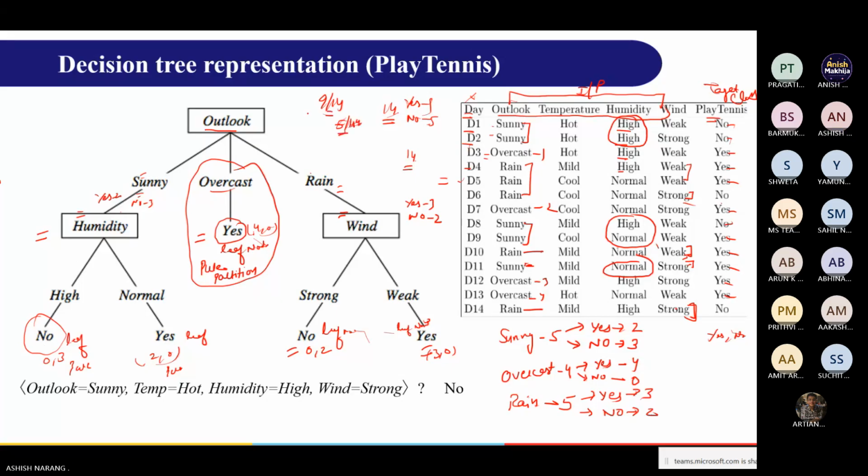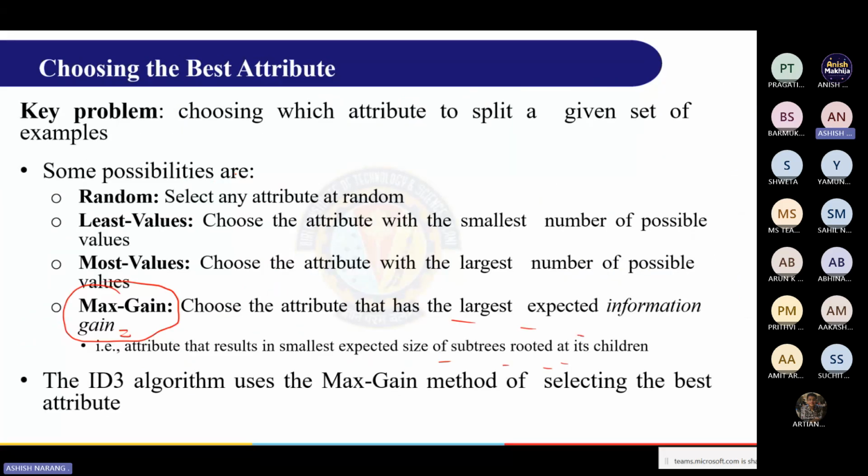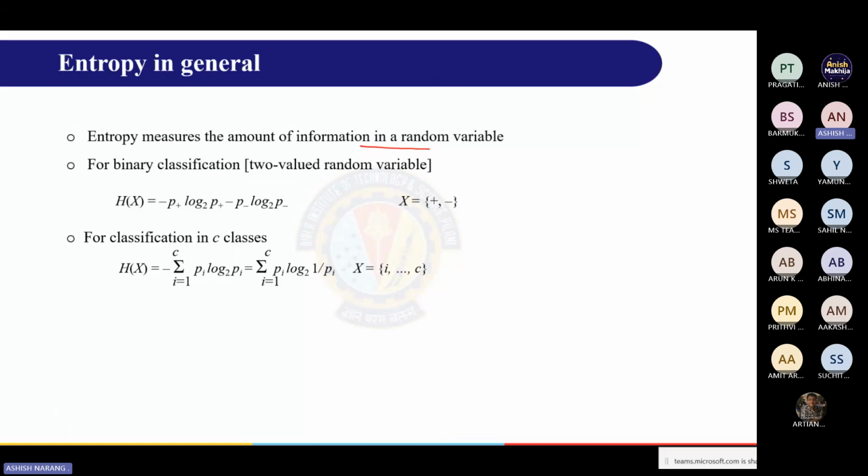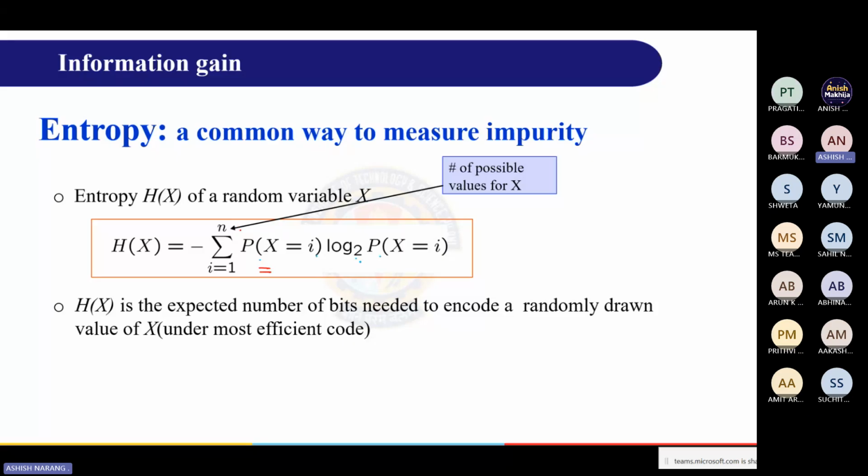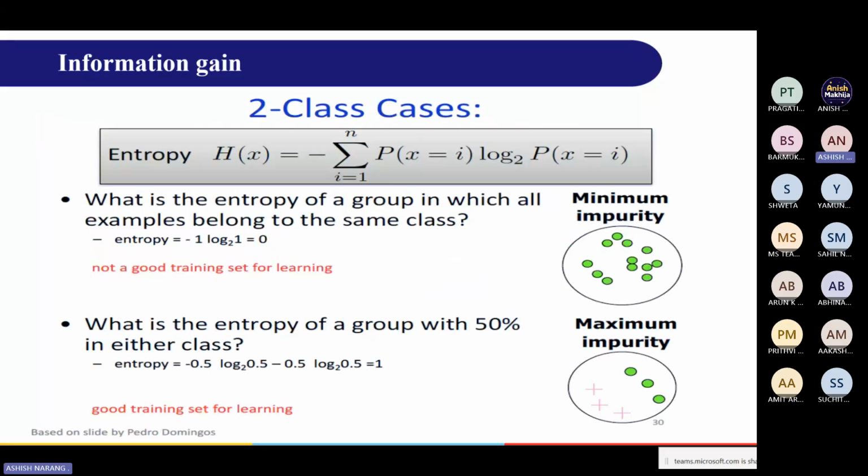So when I have to calculate the impurity of a data set at a larger level, I'll expand this. Now, i equal to 1 to n, where n is the number of classes. In our case, n is 2 only, yes or no, considering the data set that we were having. Two classes.